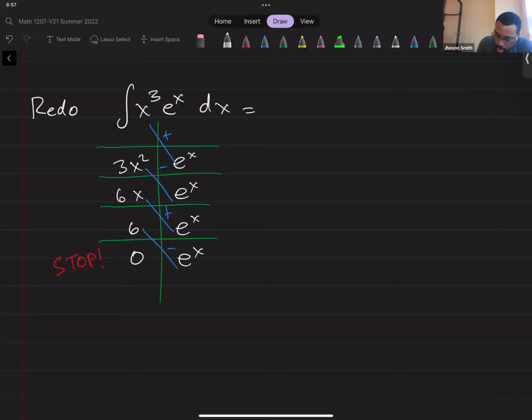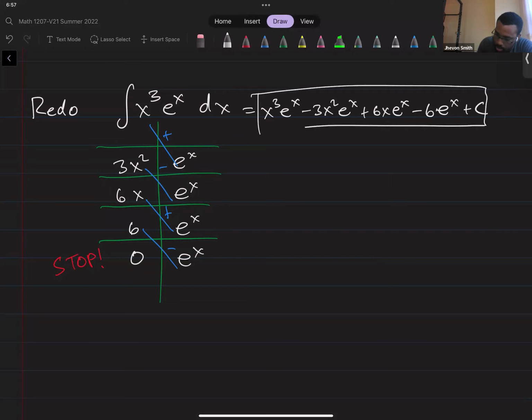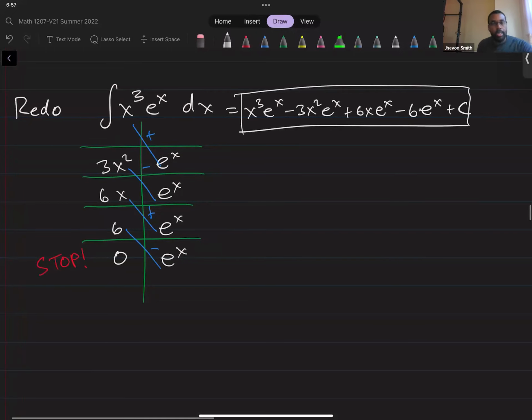And so that's going to be x cubed e to the x minus 3x squared e to the x plus 6x e to the x minus 6 e to the x plus c. And you realize that that was the same answer we got last time. Nice, right?